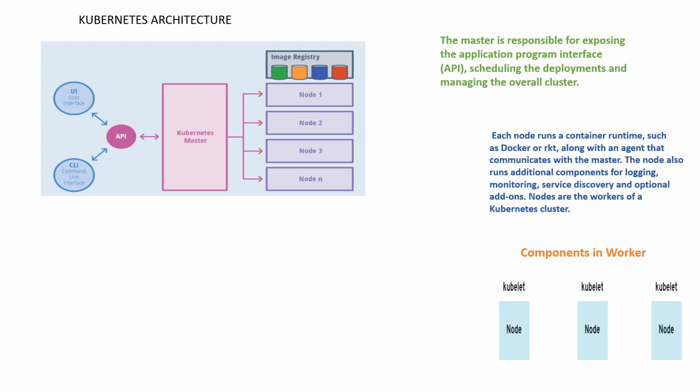The master node is the control plane which controls the entire Kubernetes cluster, deciding which node runs which pod, and the high availability of pods as well. And in the worker nodes, node 1 to node n, as you can see, there is a process named kubelet running on each and every node.